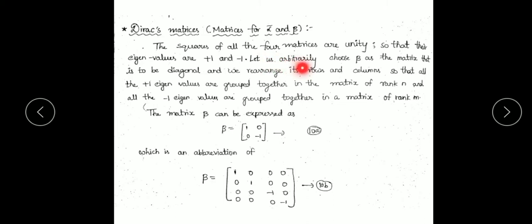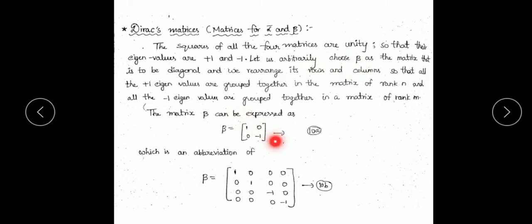So let us arbitrarily choose beta as the matrix that is to be diagonal, and we rearrange its rows and columns so that all the +1 eigenvalues are grouped together in a matrix of rank n, and all the -1 eigenvalues are grouped together in a matrix of rank m. As we have discussed, +1 as well as -1 are the eigenvalues of these matrices. So we are choosing beta as the diagonal matrix.